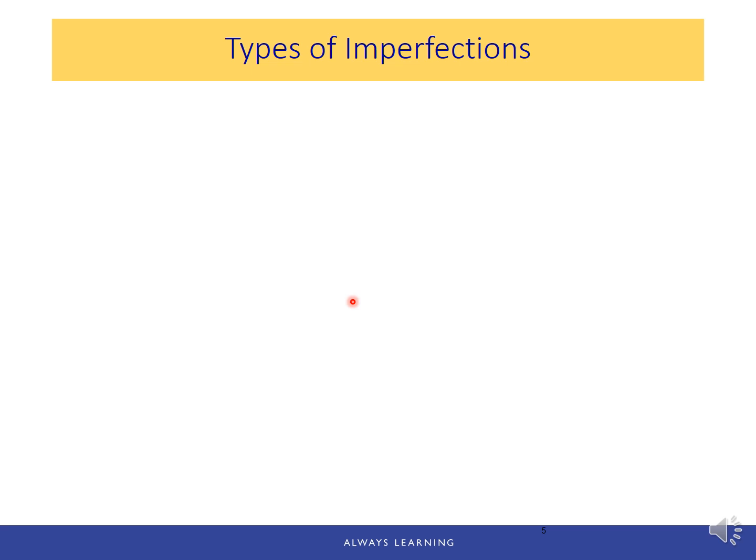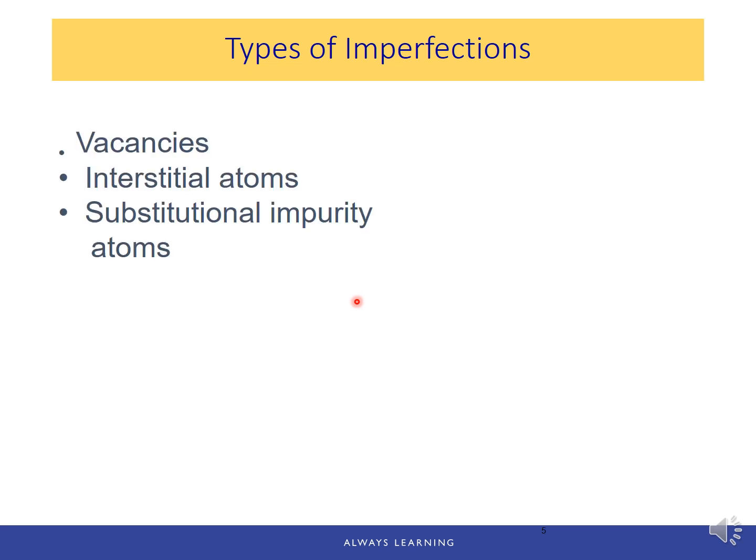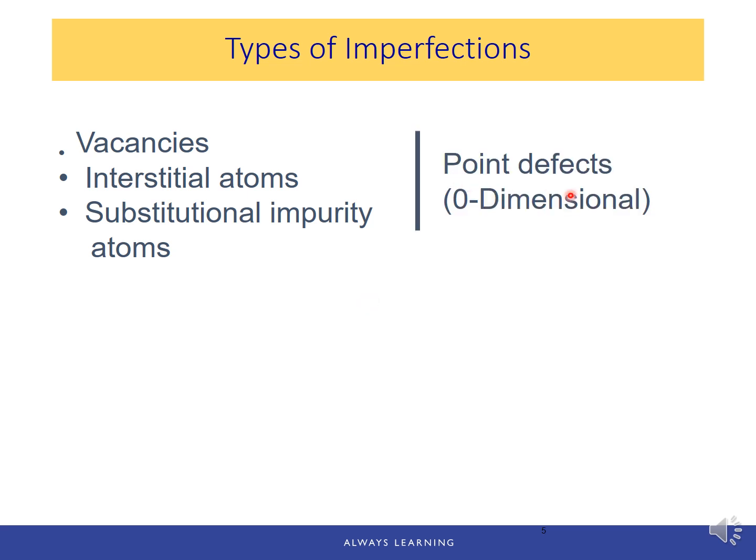Several different imperfections are discussed in this chapter, including point defects, those associated with one or two atomic positions, and these are zero-dimensional defects. So in the zero-dimensional defects or point defects, we have vacancies, interstitial atoms, or substitutional impurity atoms.